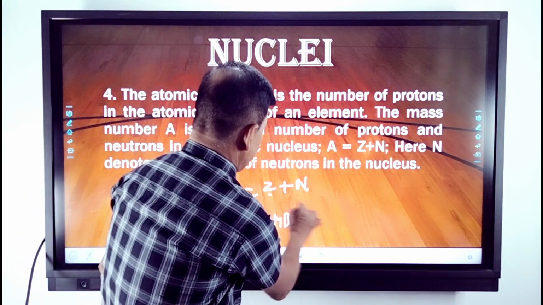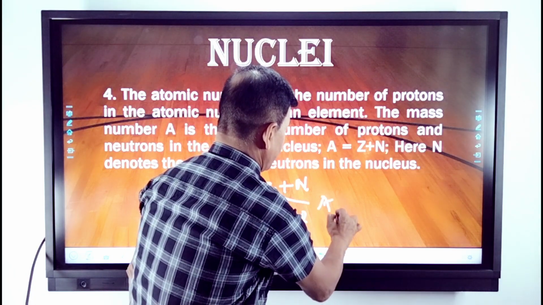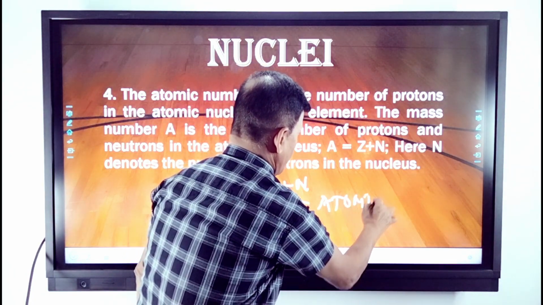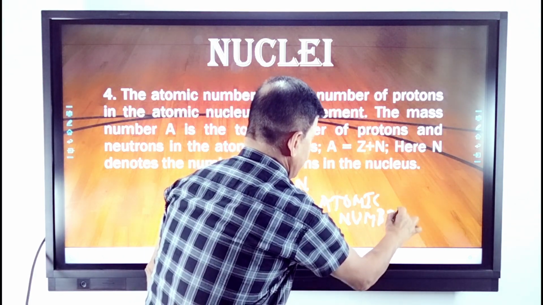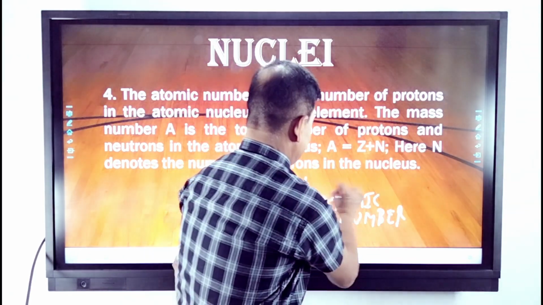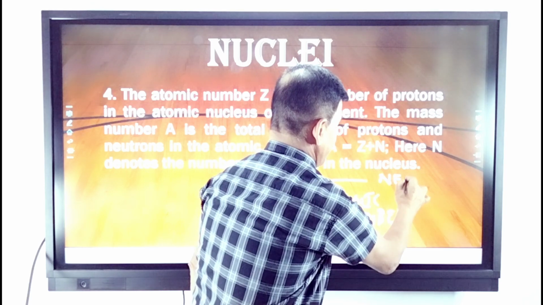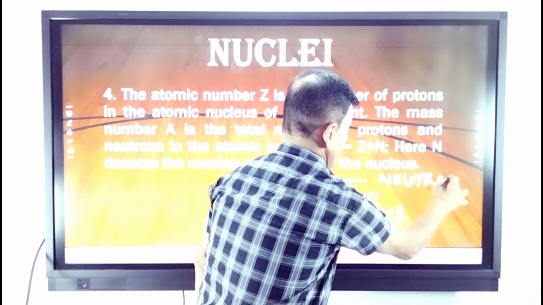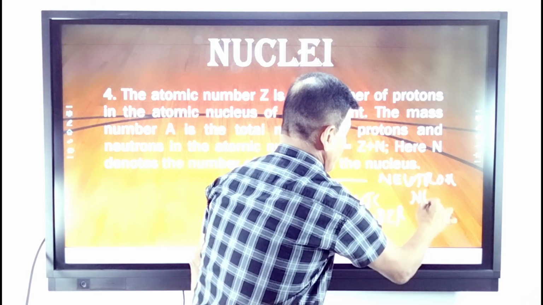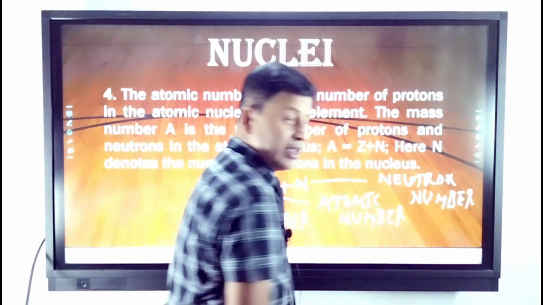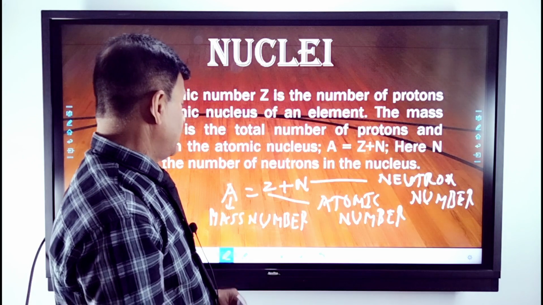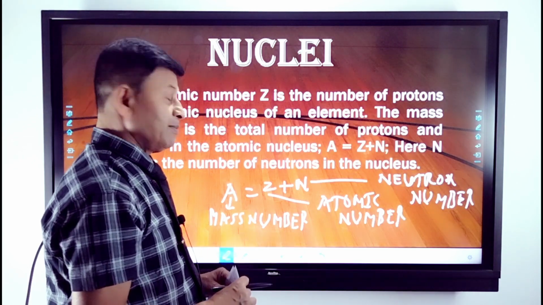This Z is your what? Atomic number. Listen carefully, and N is your neutron number, right? Very clear. Neutron number means the number of neutrons, and atomic number is the number of protons.